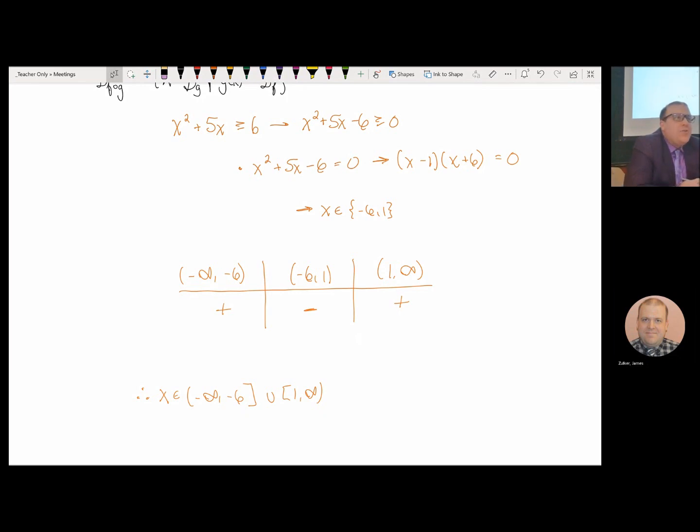Which of those values are in the domain of g? Yep, all of them, because g was all real numbers. So that happens to be our domain for f composite with g.